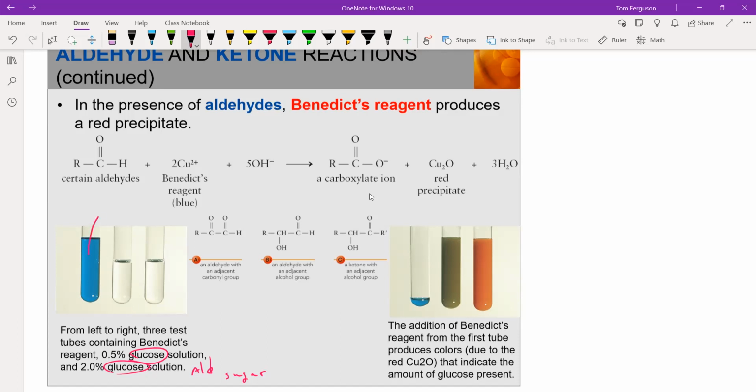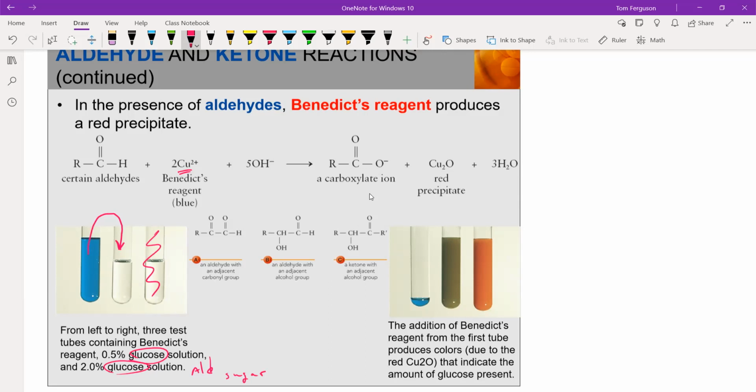So once we dump this Benedict solution, which is basically copper cation, into it, and they're both glucose, just different concentrations, they're both an aldehyde sugar, so we dump the copper into the aldehyde sugars, we get an oxidation reaction.